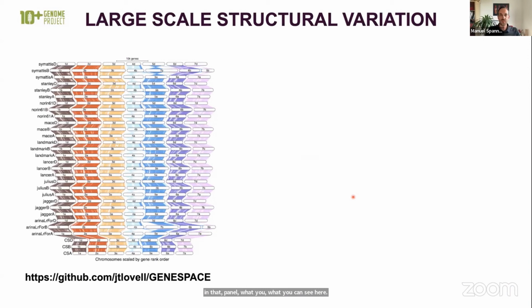And I just want to give you one example where we looked into large-scale structural variation. I already told you large-scale structural variation is very important for breeding purposes. And this is a gene space plot amongst all the different 10 wheat lines, separated into their subgenomes. If you look close enough, and I will highlight that to you, you see here in ARINA LrFor, a Swiss line, there's a reshuffling in the lines down there.